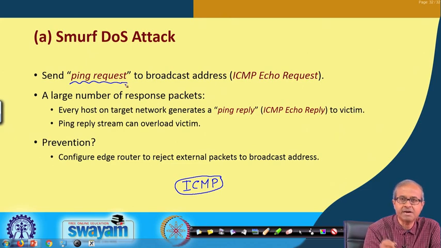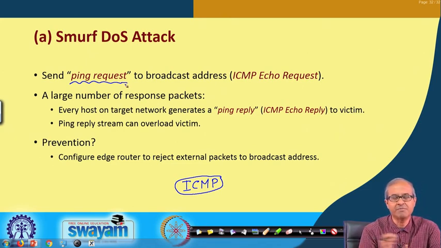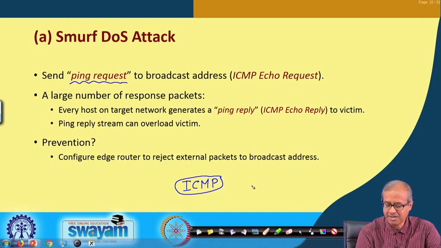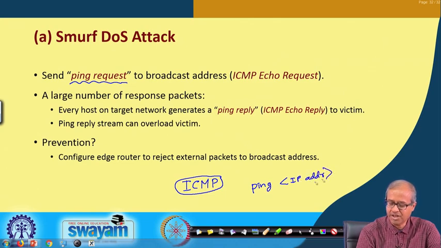You see, there is a command called ping which is available on machines. Ping actually generates these ICMP echo request packets. You normally give a command ping with an IP address. So, what will happen?